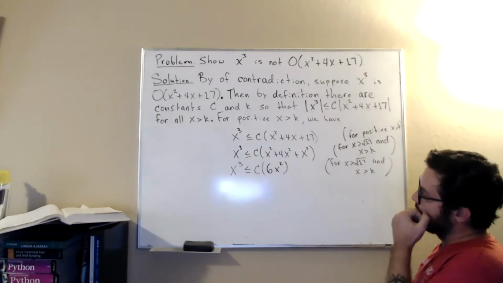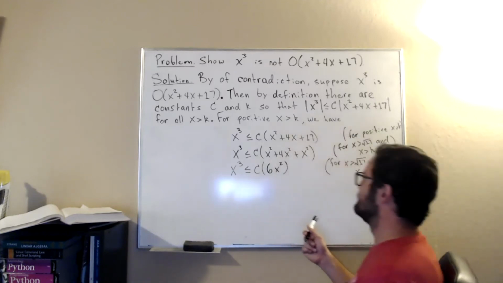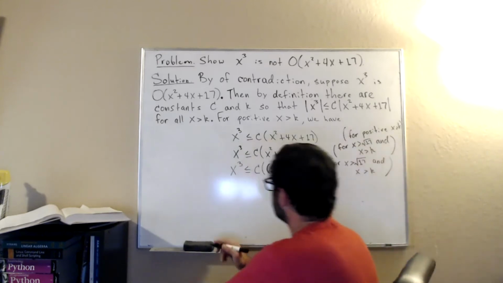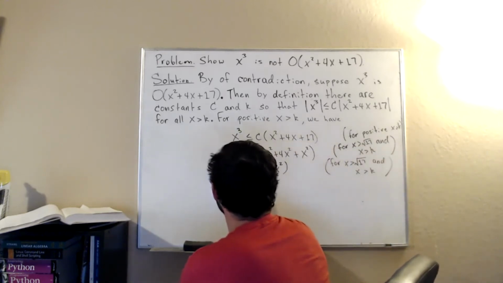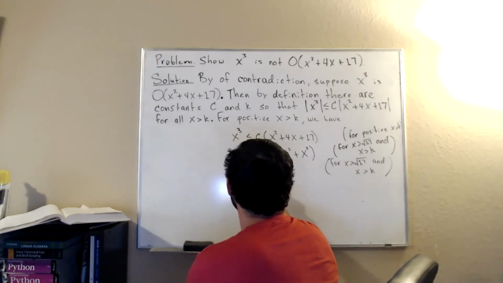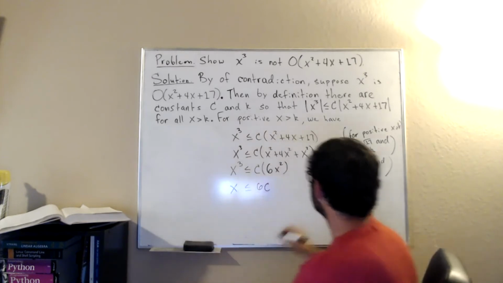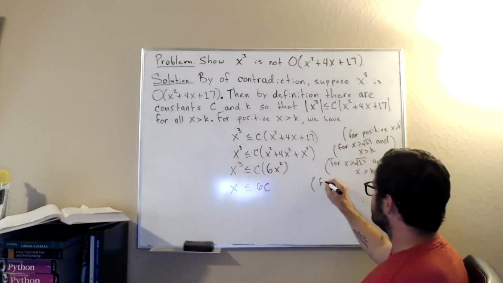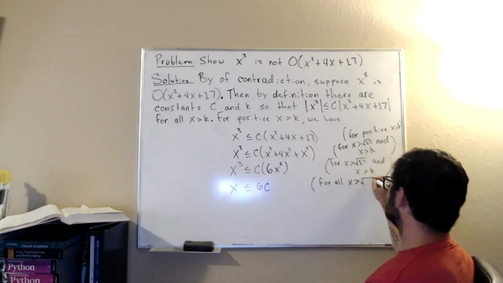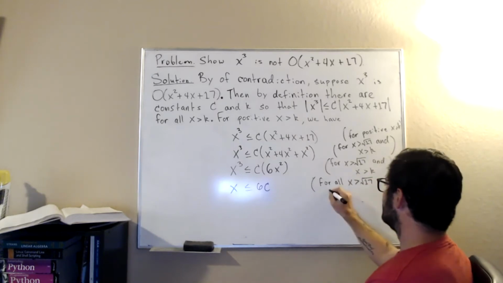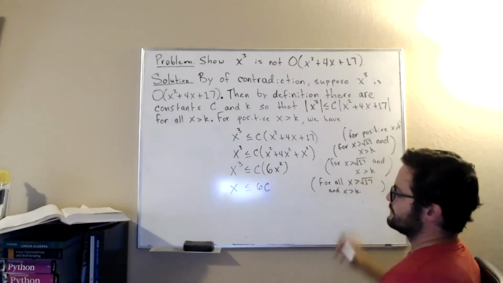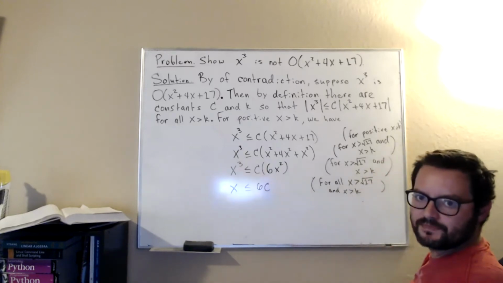So we're trying to get a contradiction and we're about to. So if we divide both sides by x squared, we get x is less than or equal to 6c. And again, for all x greater than root 17 and x greater than k. Any x that satisfies those, this must be satisfied.